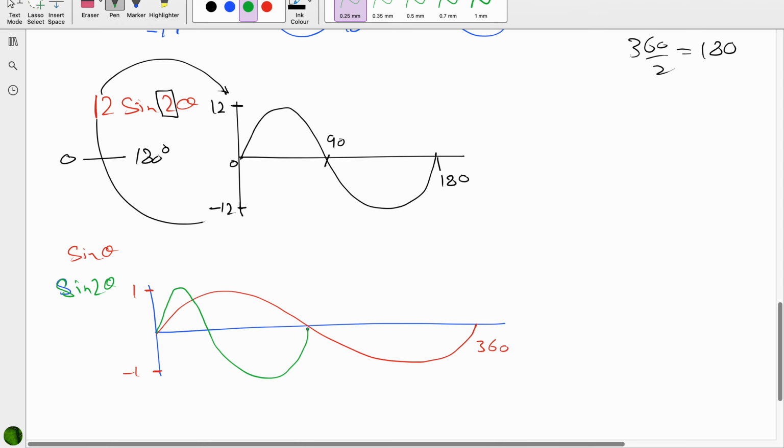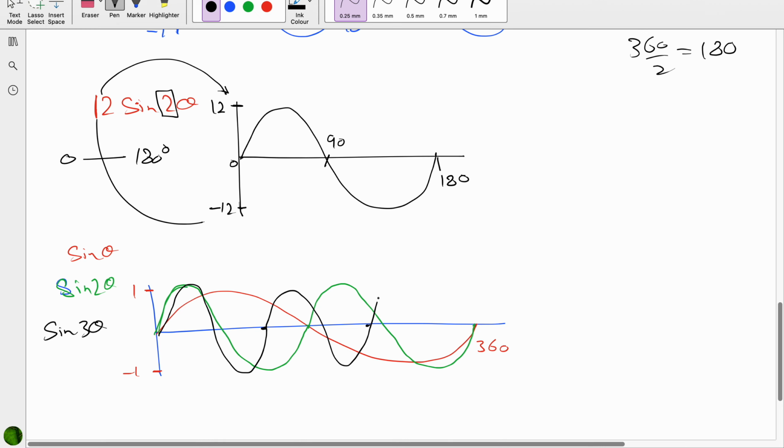It should go to a maximum height of 1 and lowest of -1. And when we draw sine 3 theta, we have 3 curves in 360, all at 1 and -1.